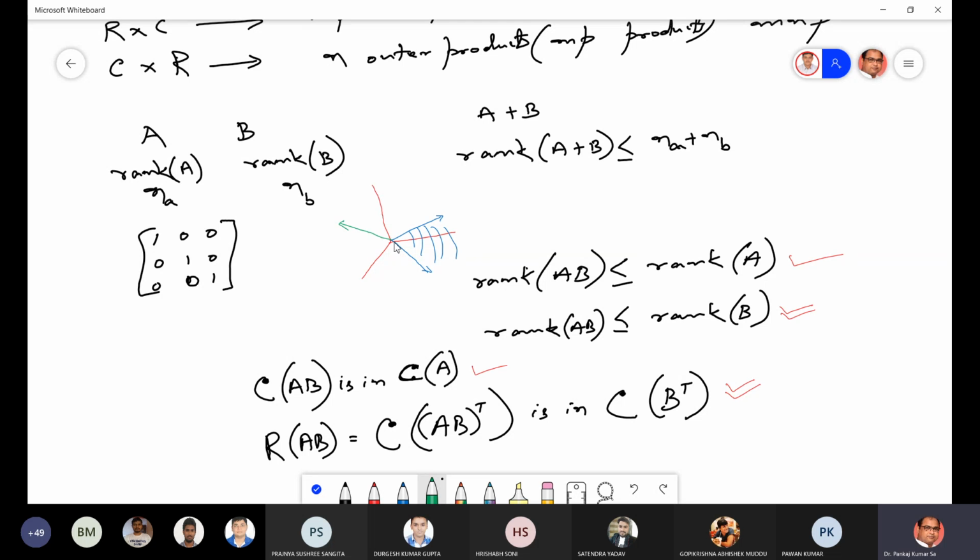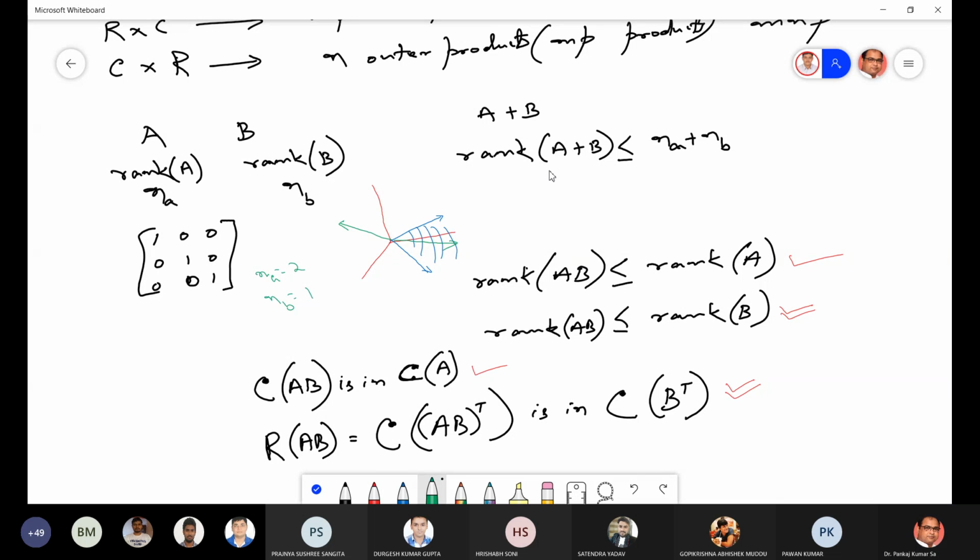This is one scenario. Another scenario would be this. So N A is equal to 2 and N B is equal to 1. And this one is independent from these two blues. This is one scenario. The second scenario is this one is a linear combination of these two. That is also possible.